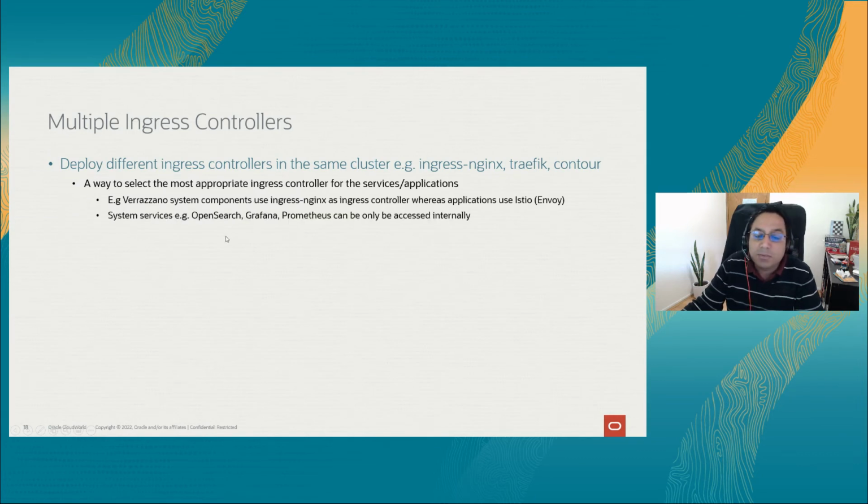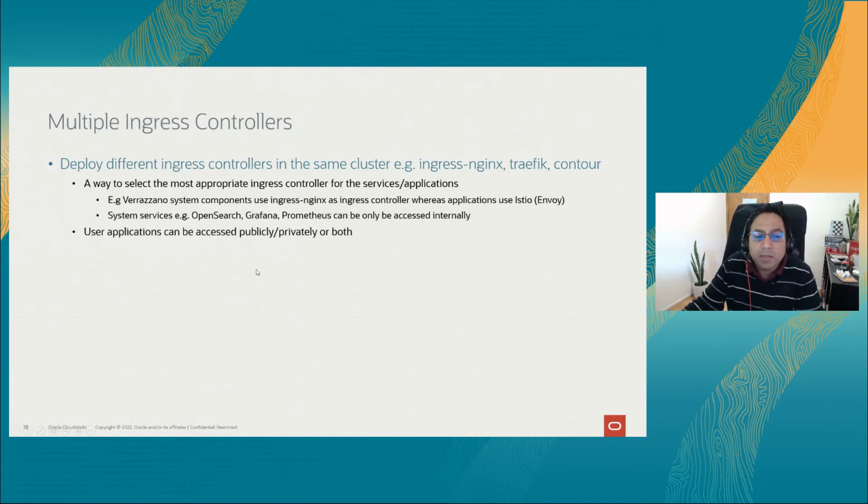So system services such as OpenSearch, Grafana, Prometheus, the Verrazzano console itself, they use the Ingress Nginx, and you can configure them so that they can be accessed internally, whereas your applications you might want to expose them publicly.